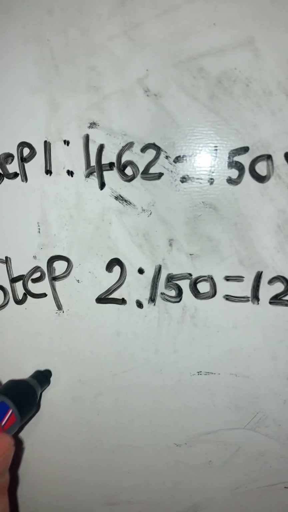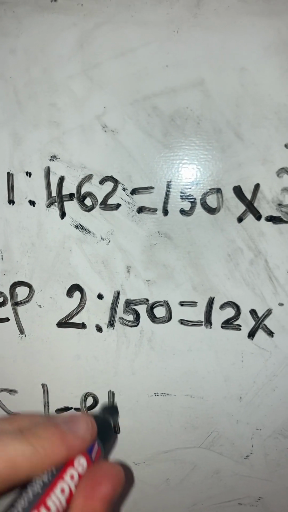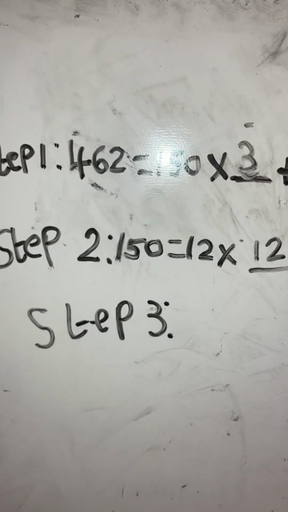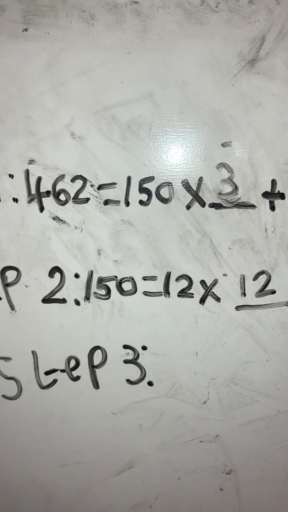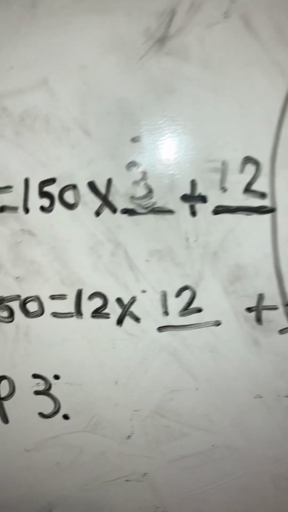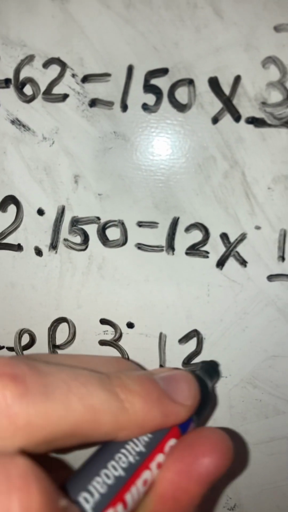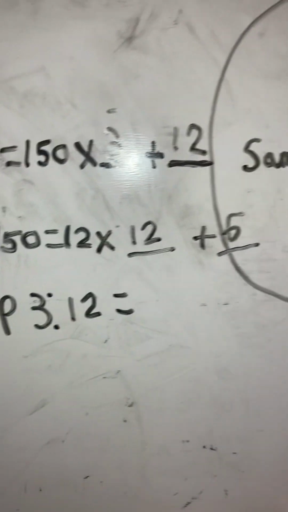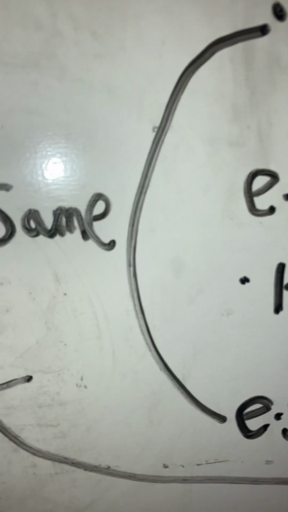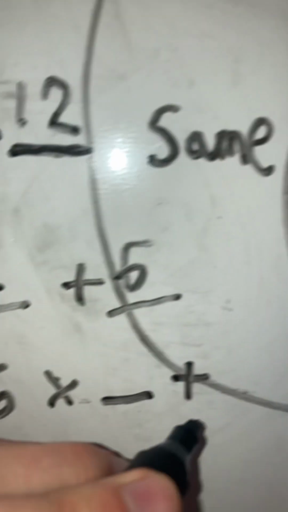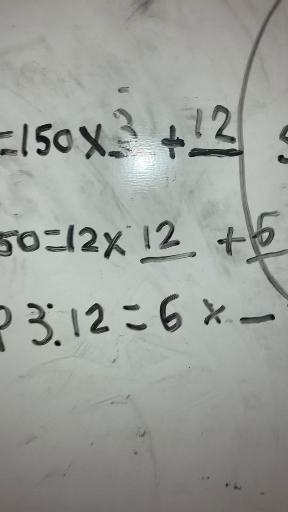Now, step 3 is going to be the final step of the Euclidean algorithm. So you take this number and it becomes here, so we've got 12 is 6 multiplied by some number, plus some remainder.